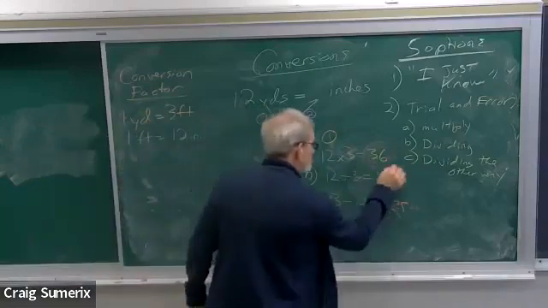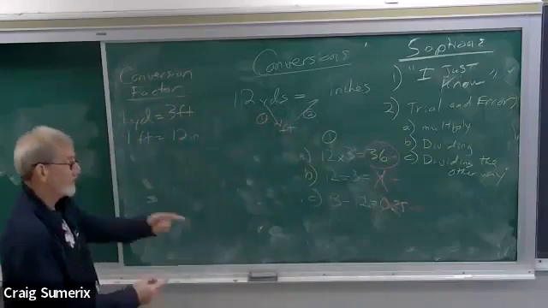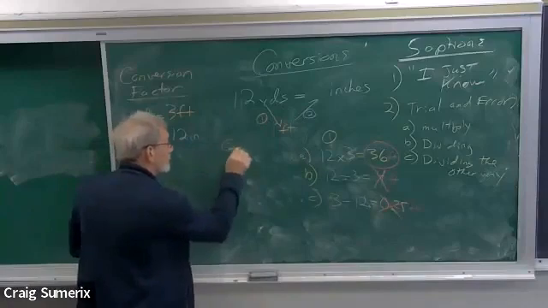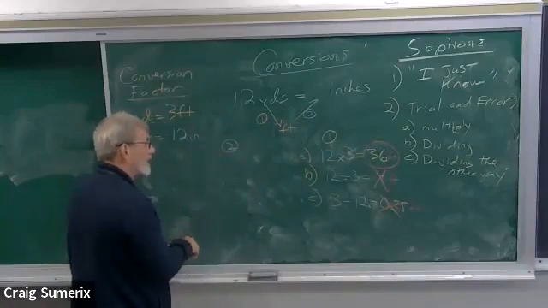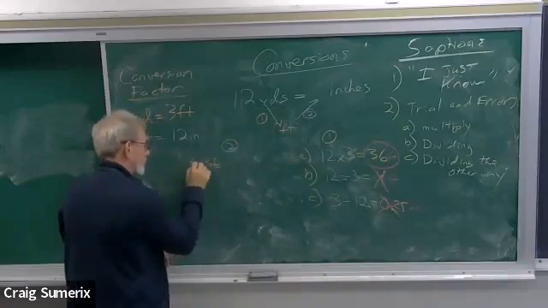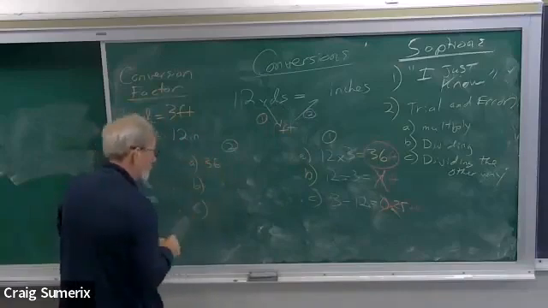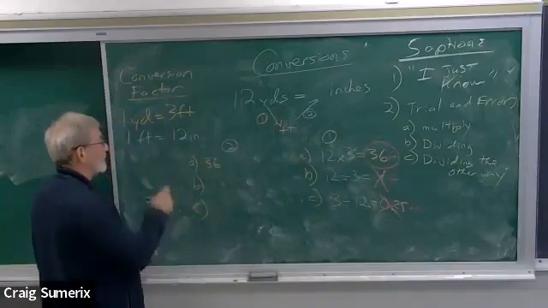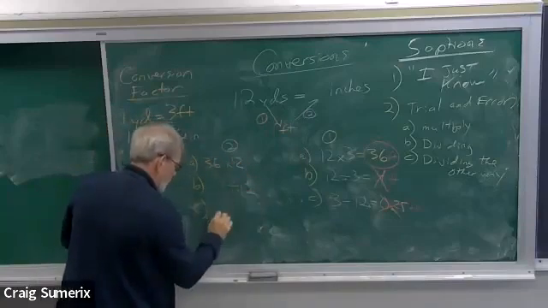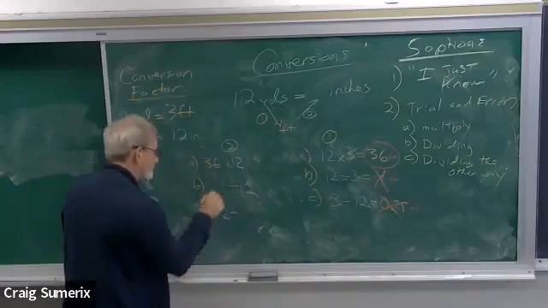Okay. So then we can use that in the second step here. So, okay. We got the 36 feet. Again, we do the same thing. 1, 2, and 3. Now we're using multiply by 12, divide by 12, or 12 divided by.